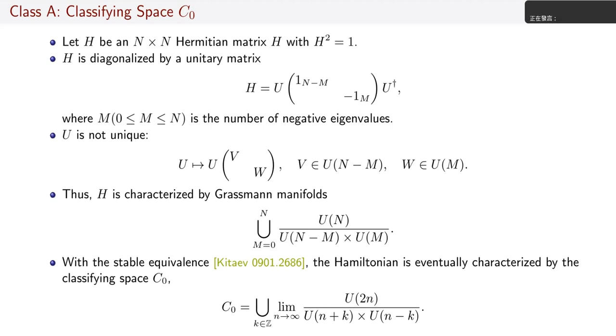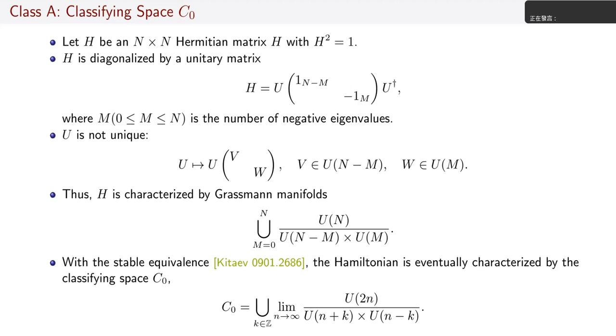We consider the space of n by n Hermitian matrices whose square is 1. This is just a union of Grassmann manifolds.